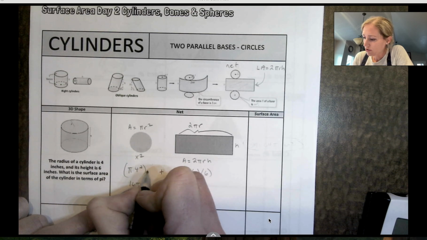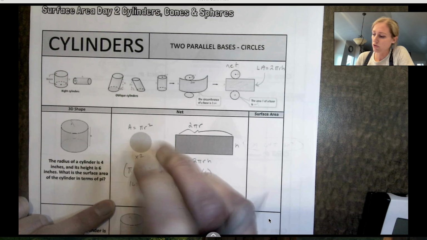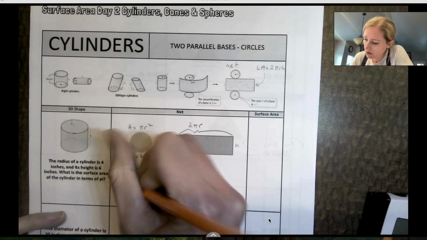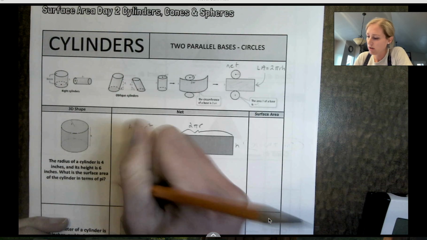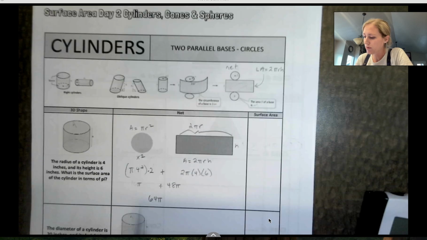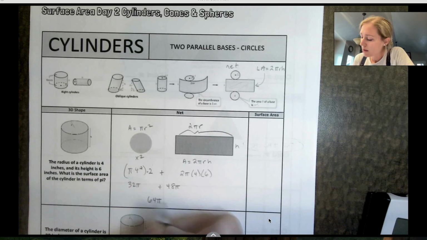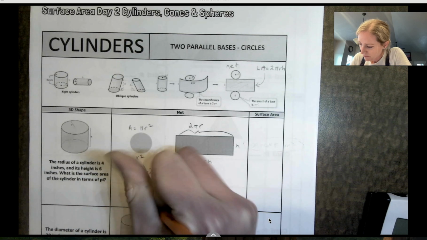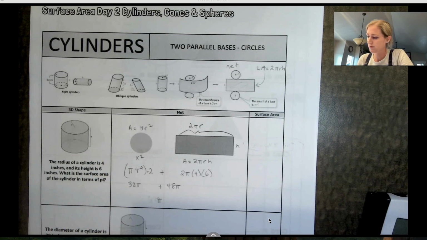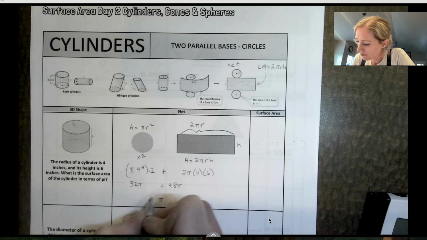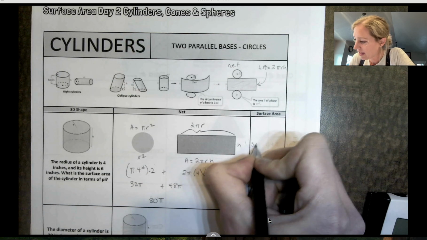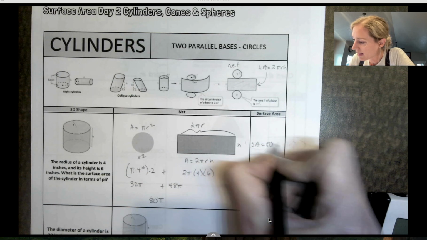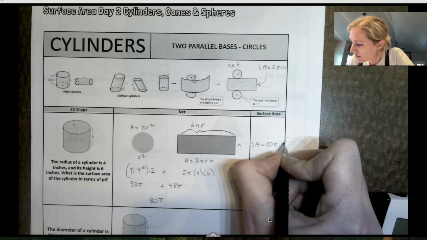I'm going to have 16 times 2, which is 32 pi in this one. And then 32 plus 48 is 80 pi. So my surface area is 80 pi square inches.